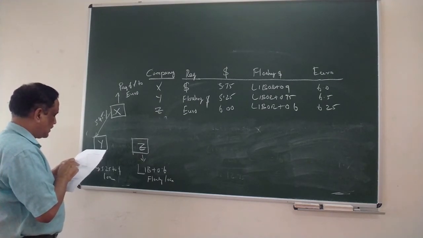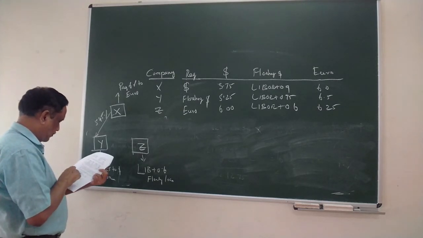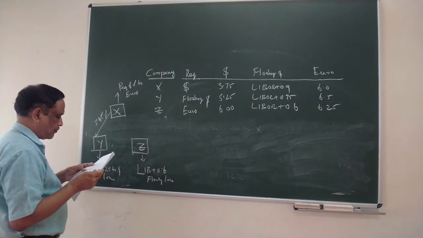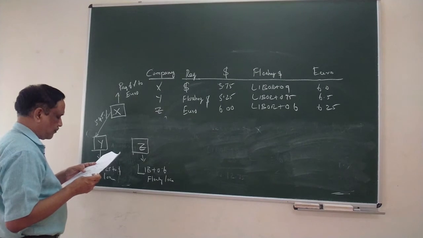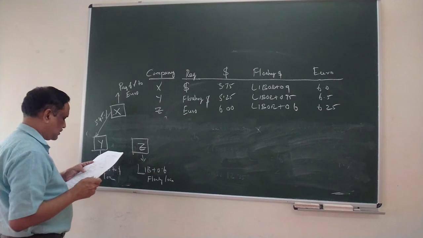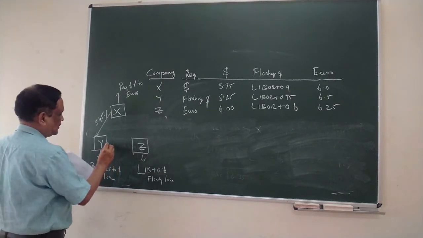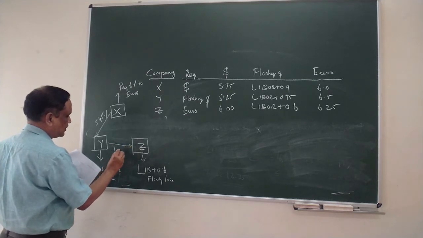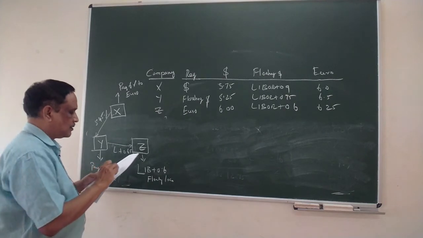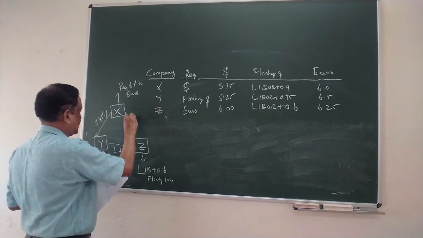and Y pays to Z at LIBOR plus 0.65, and Z pays X at 6%.